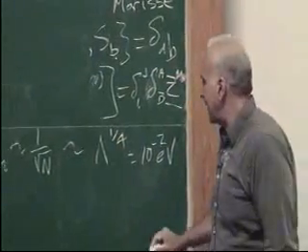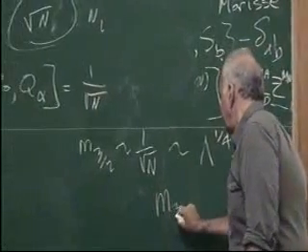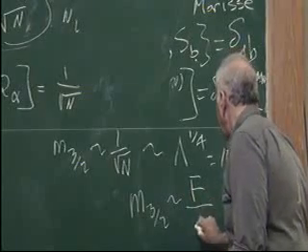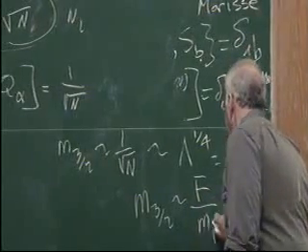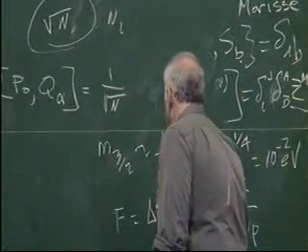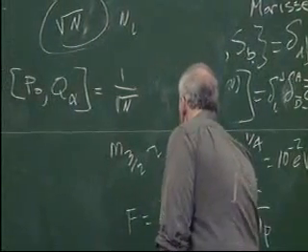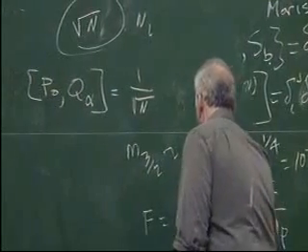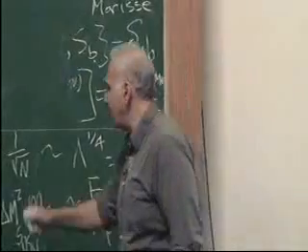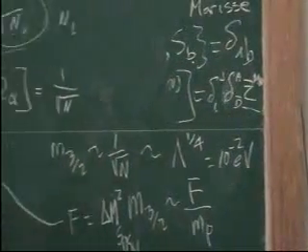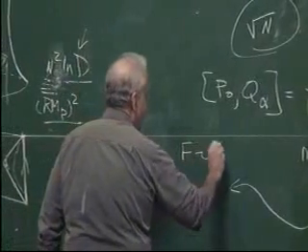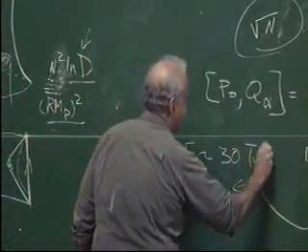Now, m_3/2 in effective field theory is given by F over M Planck, where F is what we conventionally call the SUSY splitting squared. And so this gives you an F which is of order 30 TeV squared.